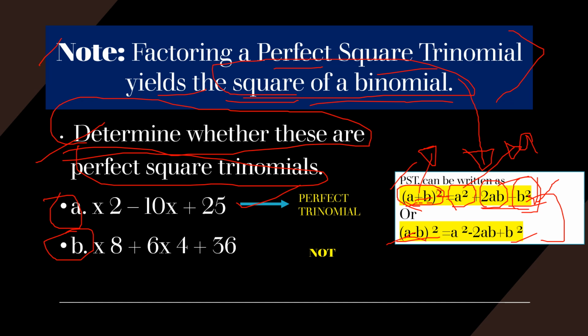Now we're going to talk about this: x squared minus 10x plus 25, and x raised to 8 plus 6x to the 4 plus 36. Remember that when factoring a perfect square trinomial, you are expected to arrive at a square of a binomial, or a binomial multiplied by itself.